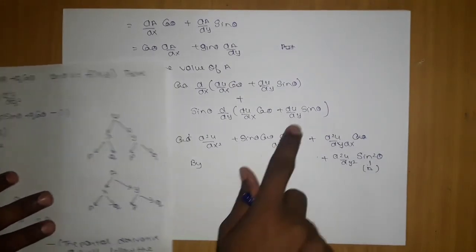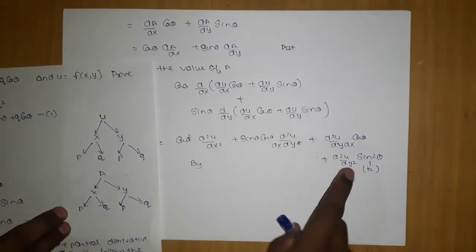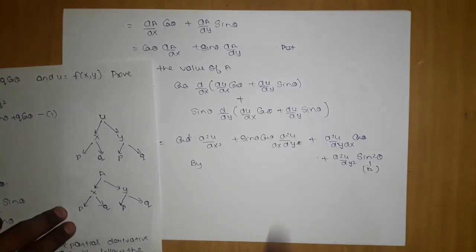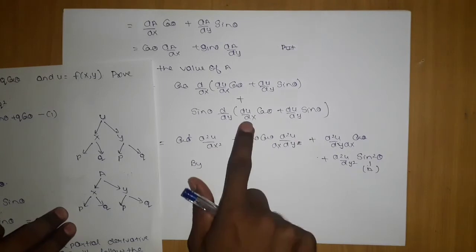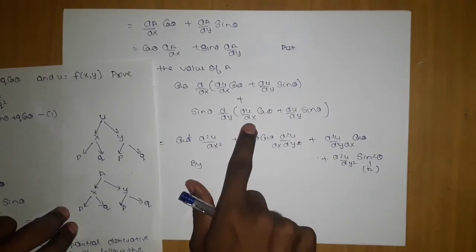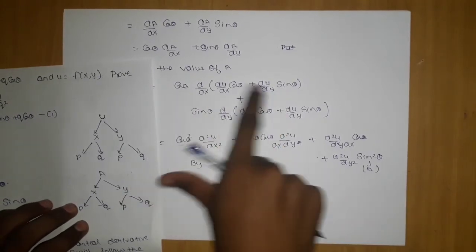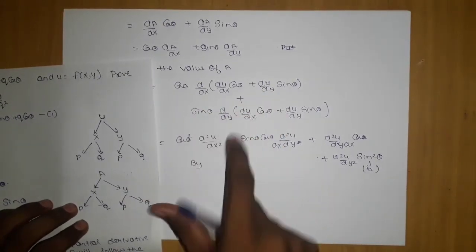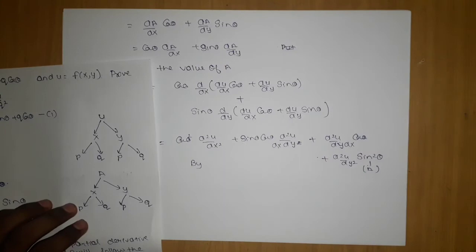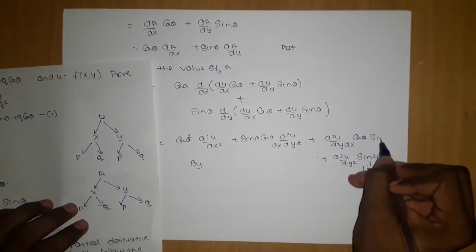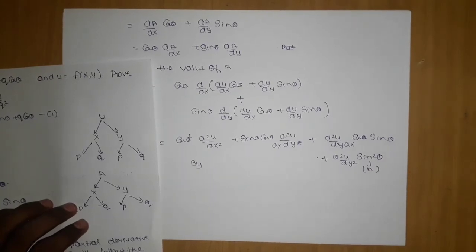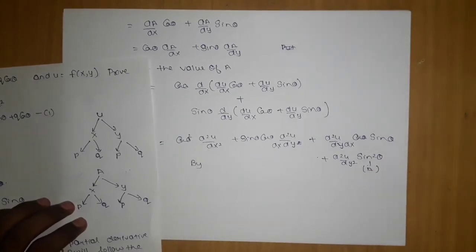Sin theta into this value, which is sin² theta, and here it will be ∂y by ∂x. And here in this scenario we are getting the same thing, ∂² cos theta sin theta, right? Okay, so we are done with this thing.